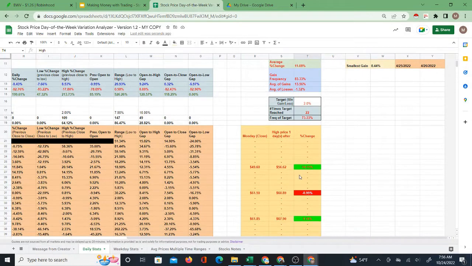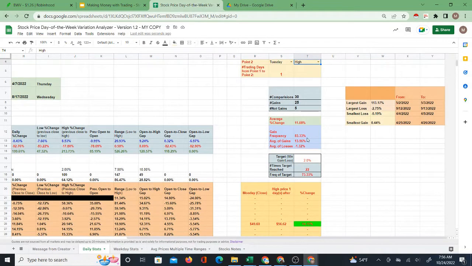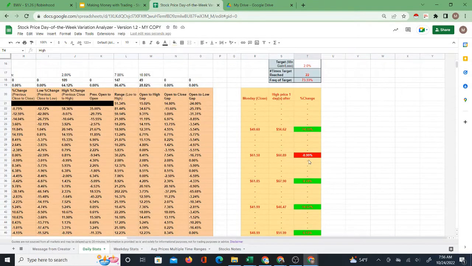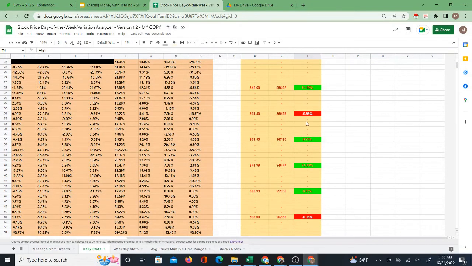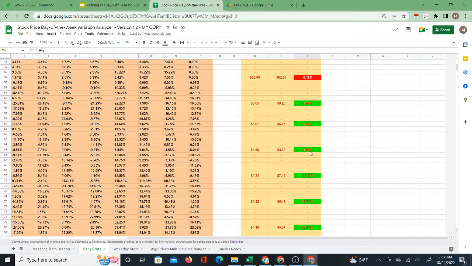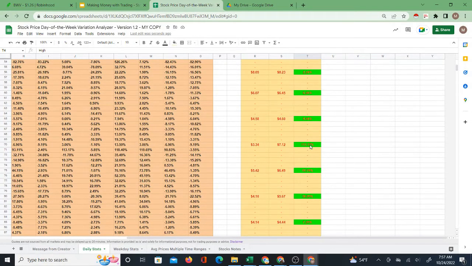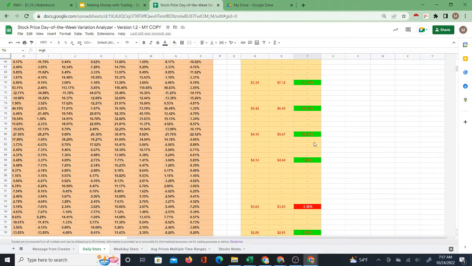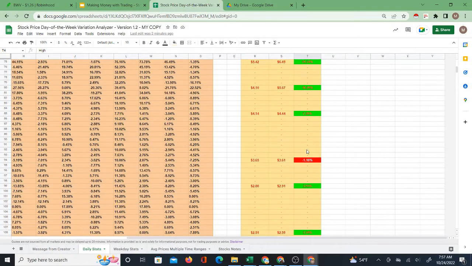Okay, and we can look at these numbers, and I'm going to get back to this too because I want to point this out, but I just want you to see the difference in these values. Look now at these greens, how much larger these numbers are, and look how small the losses are. All right, so now look at these gains, and of course they are, because you're looking at highs, and highs by definition are the highest point.